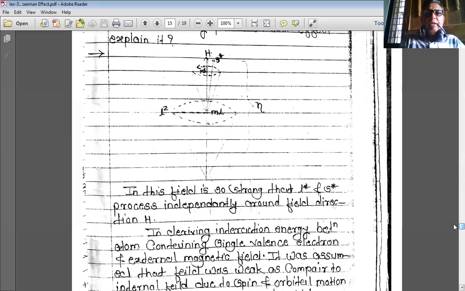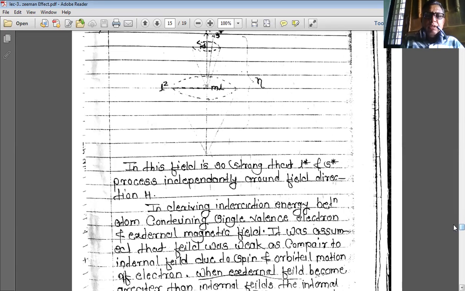So we can see here that the field is so strong that L star and S star precess independently around the field direction, and the field direction is denoted by H.